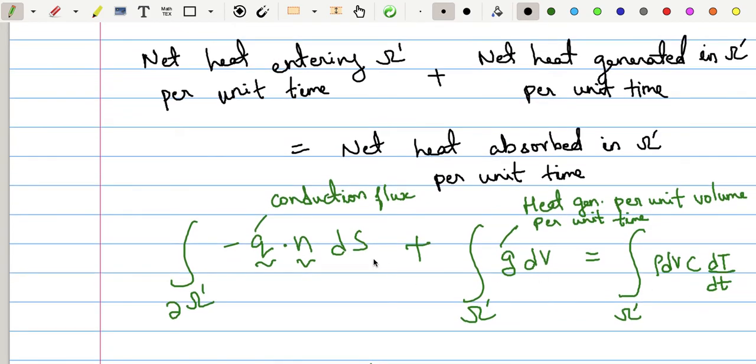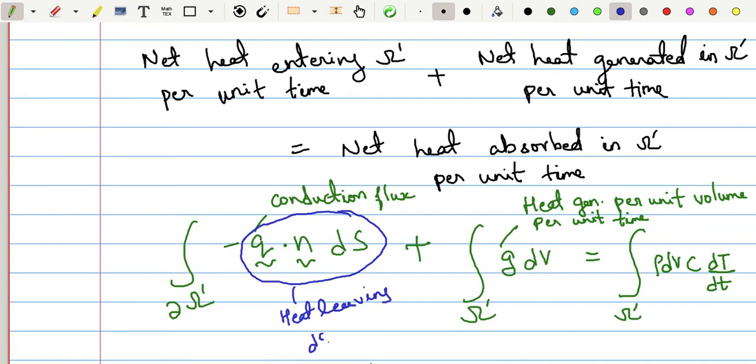If I take an area element ds, what is the heat leaving that particular area element per unit time? It will be the heat flux q dotted with n multiplied by ds. This term over here is the heat leaving through ds per unit time.